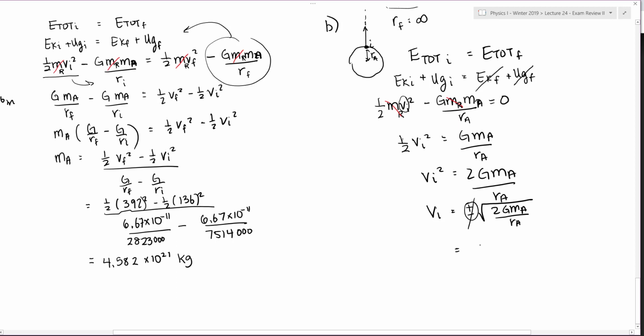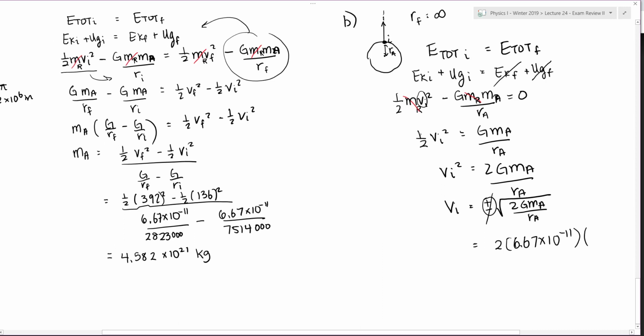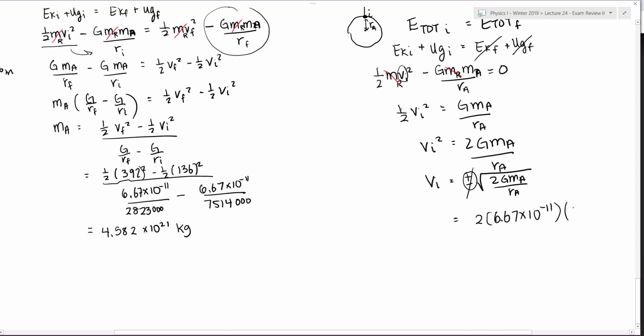So I have 2, G is 6.67 times 10 to the negative 11, times the mass of the asteroid, which we found in the first part was 4.582.